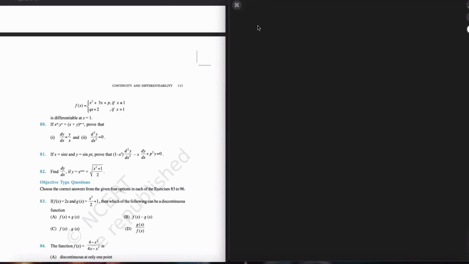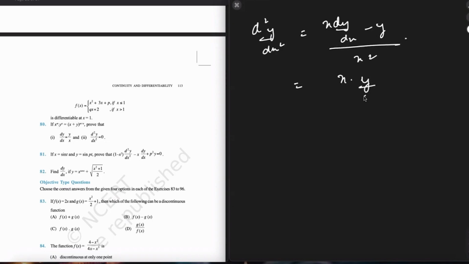And now if I differentiate both sides, d2y upon dx square will be equal to (x dy by dx minus y) whole upon x square. dy by dx की value I'll put, y by x minus y, upon x square. So y minus y, this will turn out to be 0. So hence we have proved both parts.